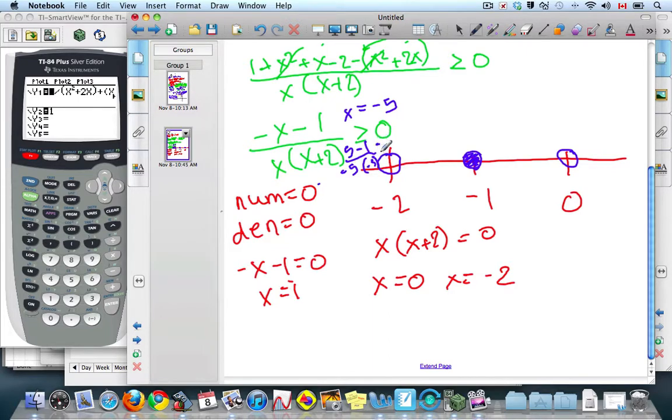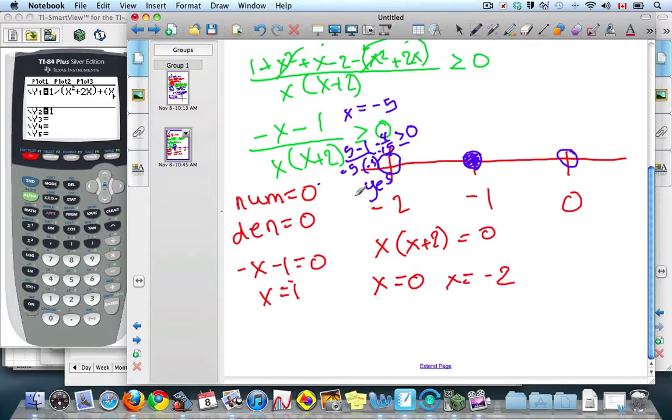So we can think of this as 4 over 15. And we want to know, is that greater than or equal to 0? Most definitely. Yes. So we can put a yes here.